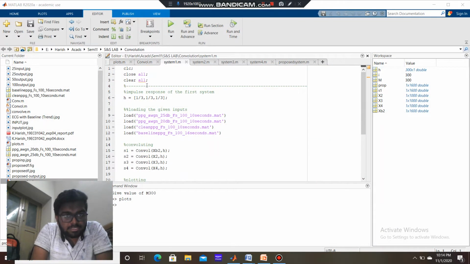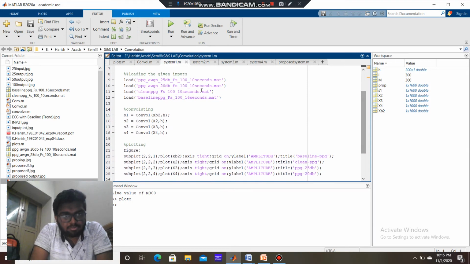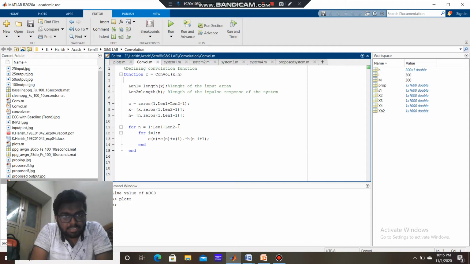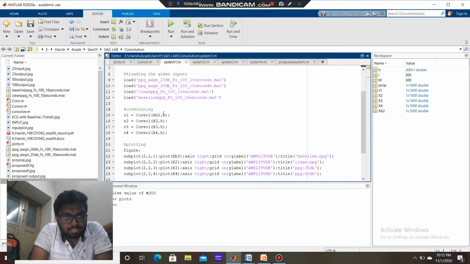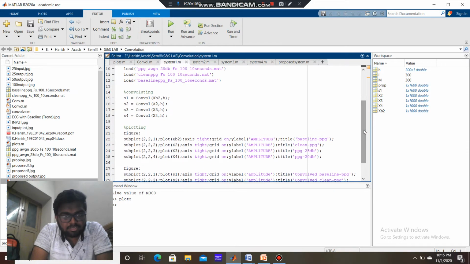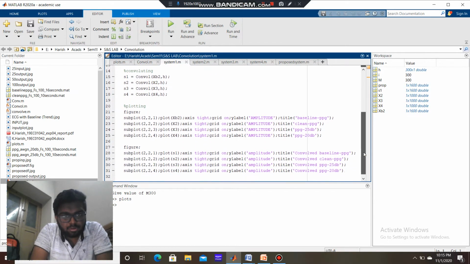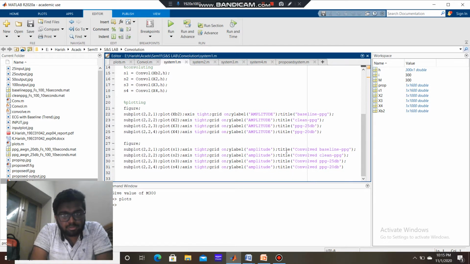Coming to convolution of system 1, the impulse response of the first system is 1/3, 1/3 and 1/3. We are first going to load all the given signals from the problem statement, and then using the convolution function which we defined just now, we are going to convolve all these four signals with the first system, and then plot the convolved signals.